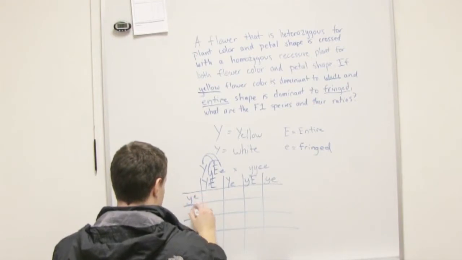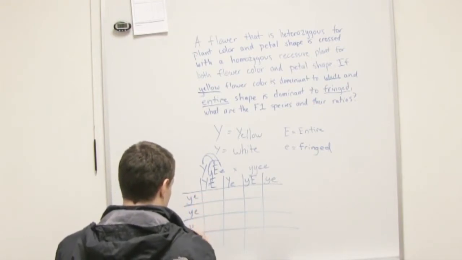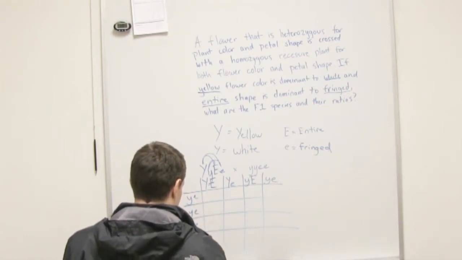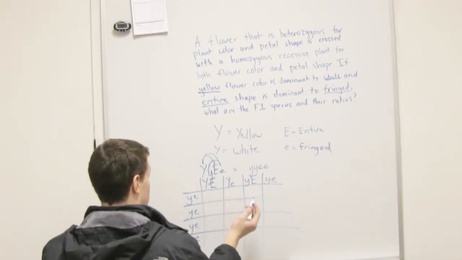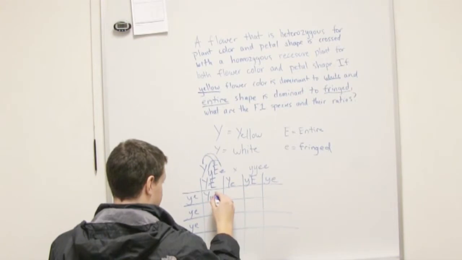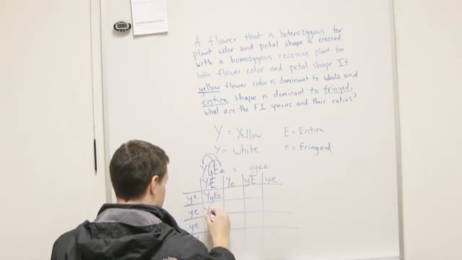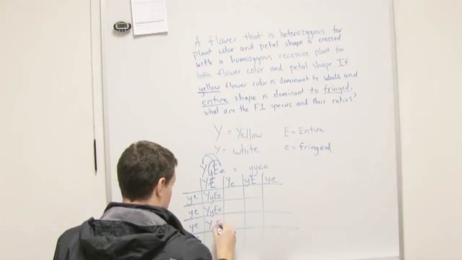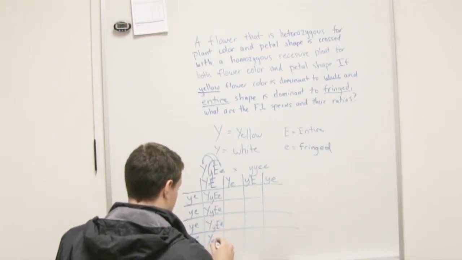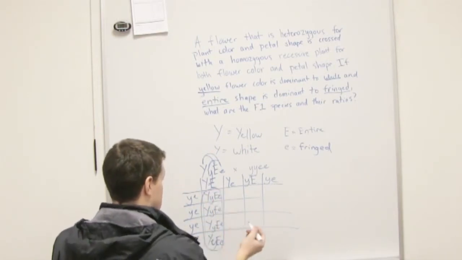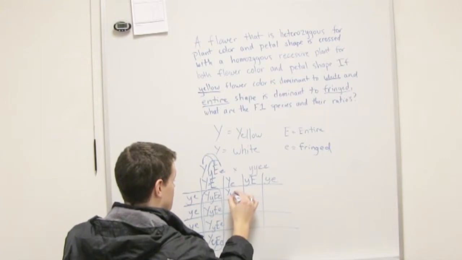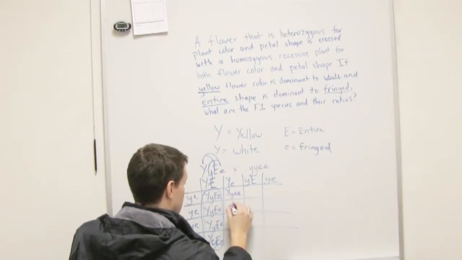But you'll notice that all of these are the same because they're homozygous recessive. So in the boxes, this gives us the following. And you'll notice that in this example, since the left column is all the same, the entire column is the same. So in this example, we have this.